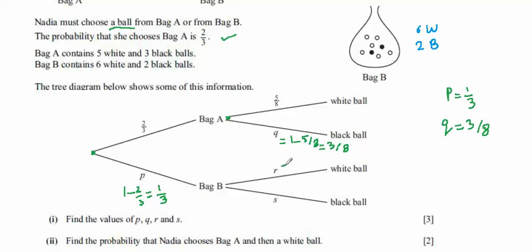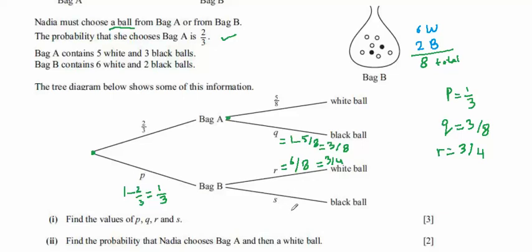So this will be equal to 6 over the total, 6 plus 2, total is 8. So 6 over 8, which can be simplified to 3 over 4. So R is equal to 3 over 4.